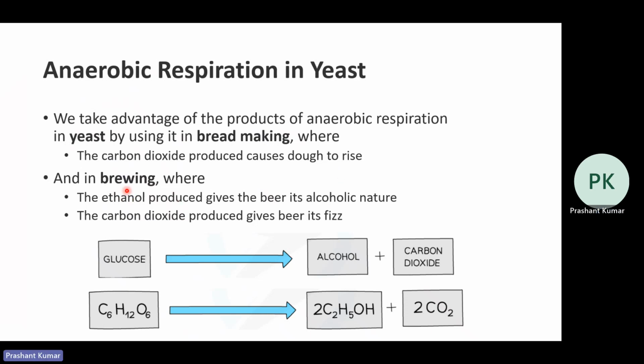And in brewing, the ethanol produced gives beer its alcoholic nature, and the carbon dioxide produced gives a fizz. And this is the equation. In this slide, the chemical equation is not important. The important one is the word equation.